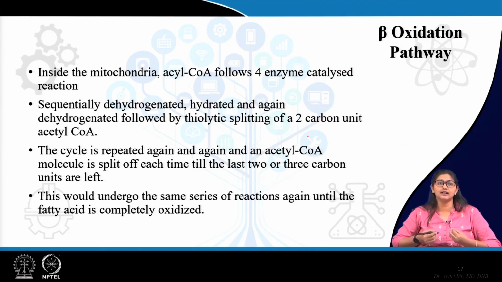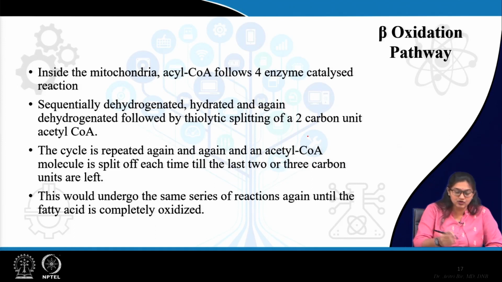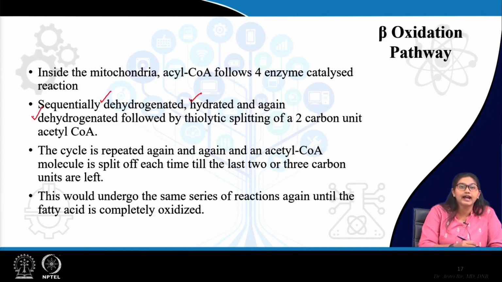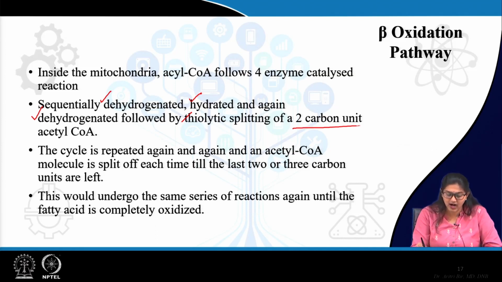Now, what happens? The main beta oxidation pathway consists of 4 enzyme catalyzed reactions. Those are dehydrogenation, hydration, again dehydrogenation, and finally thiolytic cleavage or splitting, and the split compound is released as the 2 carbon product acetyl coenzyme A. The other product is another fatty acyl coenzyme A, which is 2 carbons less than the previous one.